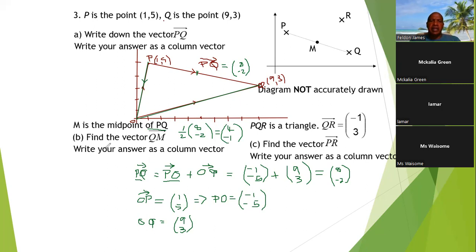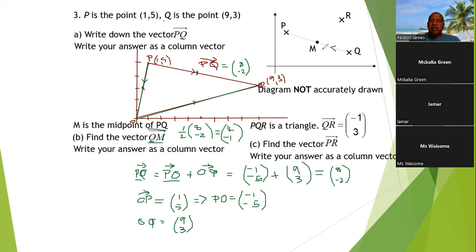If they're asking you to find the vector QM from Q to M. Now you're going back in this direction. So they say M is the midpoint of PQ. Find the vector QM.